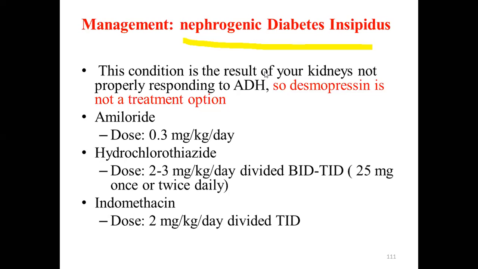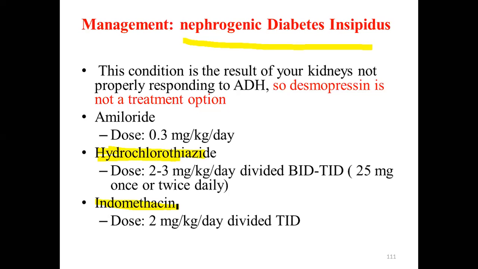What was approved in the management of this condition is amiloride, the potassium-sparing diuretic, and hydrochlorothiazide. You can say 25 milligram once or twice daily can be considered. At least this one is widely available. Of course, we can also use indomethacin.